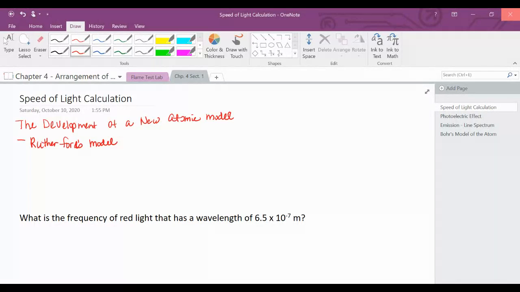So right now there are some disadvantages to Rutherford's model. First of all, it doesn't explain how the electrons are arranged in the electron cloud.